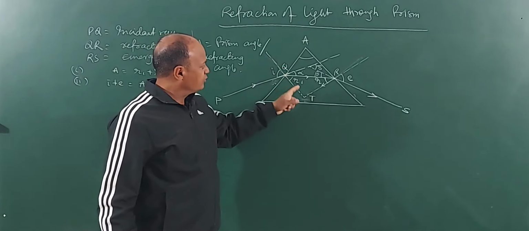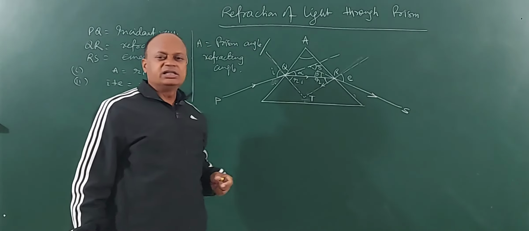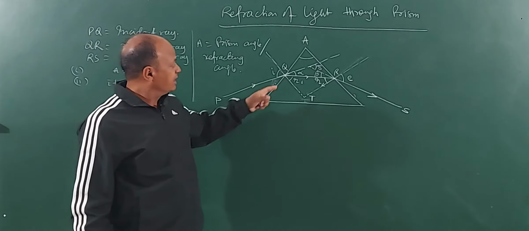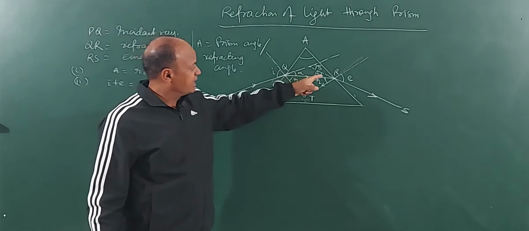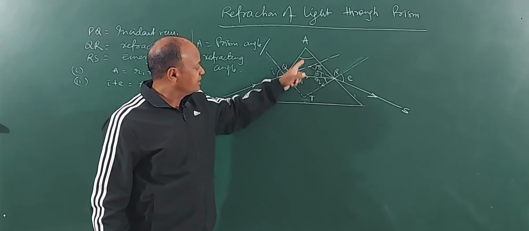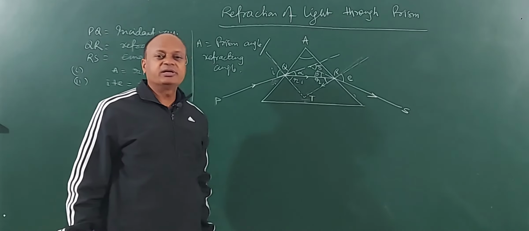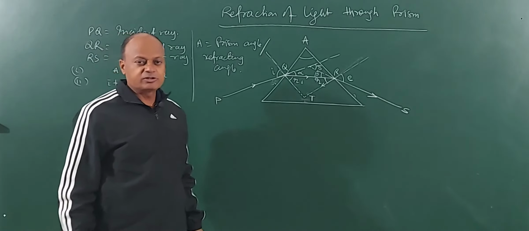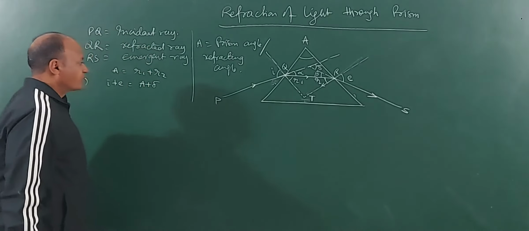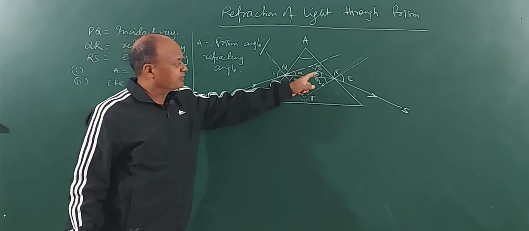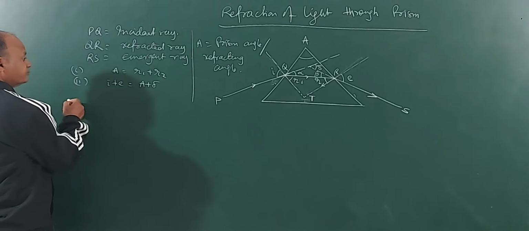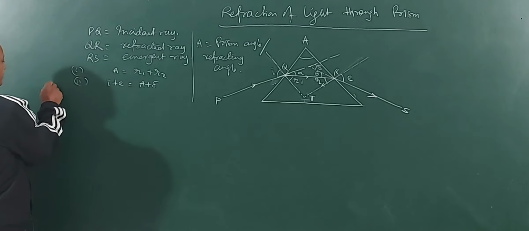So, AQTR is basically what? It is a cyclic quadrilateral. Why? Because angle Q is 90, angle R is 90, 90 plus 90 is 180. So, automatically A plus T will also be 180 because the sum of all four angles of a quadrilateral is 360. We will be seeing that. Remember, we have taken these two angles to be alpha and beta. So, children, let us see how we will prove this.